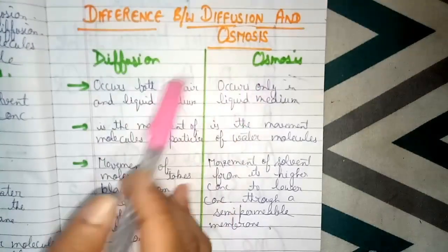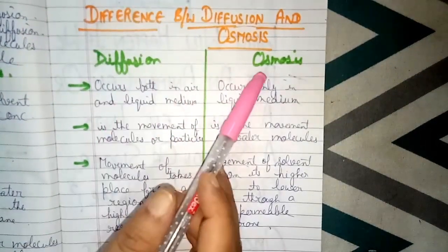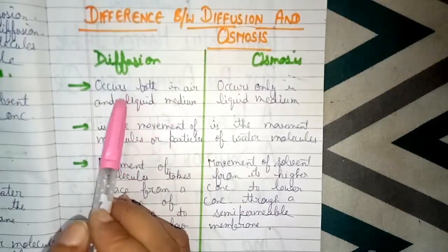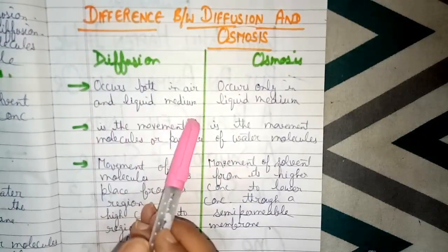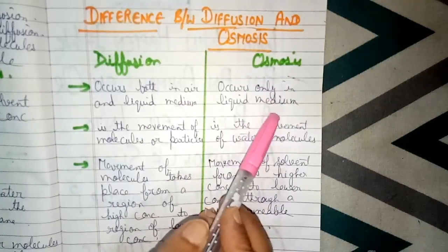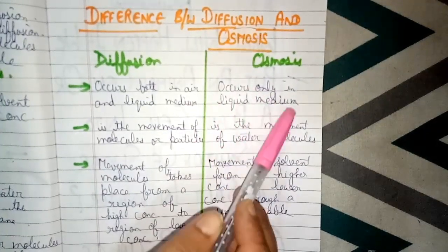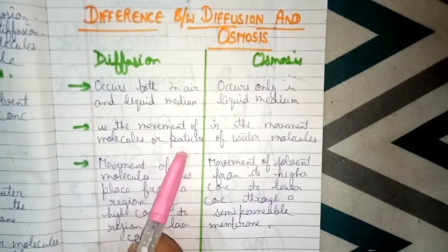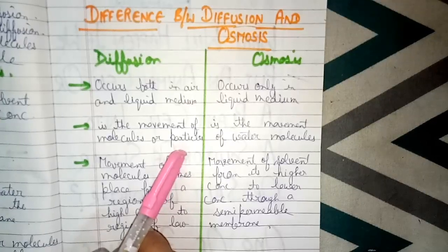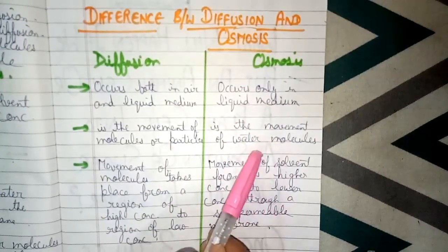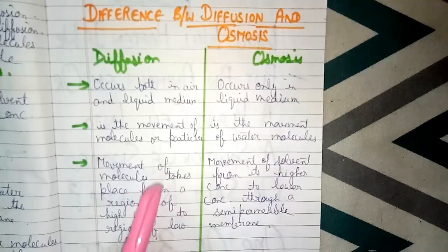Now we will discuss some basic differences between diffusion and osmosis. First one is diffusion occurs both in air and liquid medium, but the osmosis occurs only in the liquid medium, okay, because there is requirement of solvent. Diffusion is the movement of molecules or particles of the solute, but osmosis is the movement of water molecules or solvent molecules.